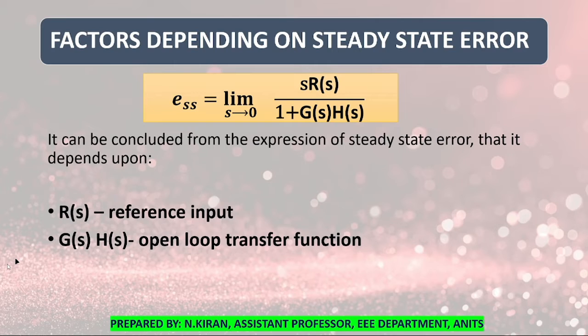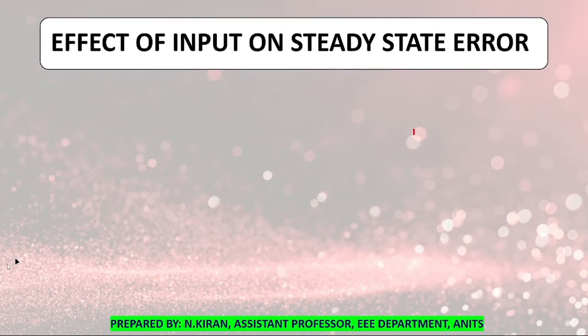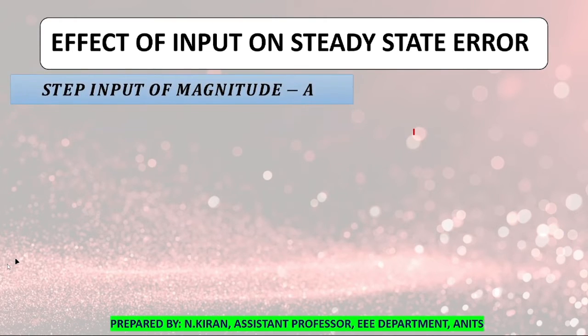First we'll consider the reference input, and see how applying various inputs affects the steady state error. The first one we'll consider is the step input, which has the magnitude of A. We already saw the expression of the step input, which is mathematically expressed as capital A, and in the Laplace domain it is nothing but A by s.